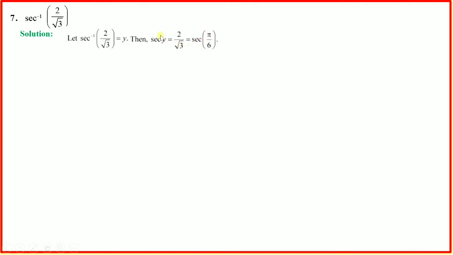So therefore y is equal to pi by 6. So sec inverse 2 upon root 3 is pi by 6. This is the principal value. And as pi by 6 in case of sec inverse belongs to the first quadrant, that's true. That's okay.